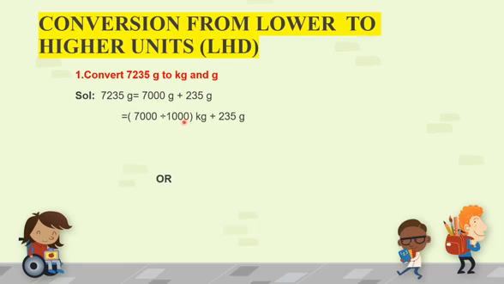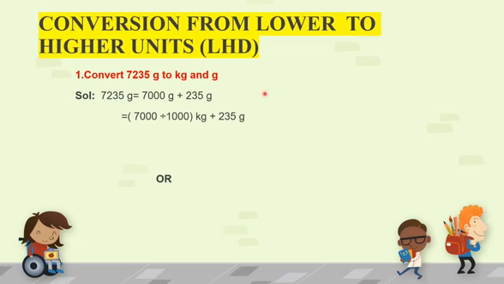Here the conversion is from gram to kilogram, lower to higher unit, and as we go from lower to higher unit, we divide. Gram to kilogram is 3 steps ahead, that is 1,000 again. Right? So 1,000 grams make 1 kilogram.